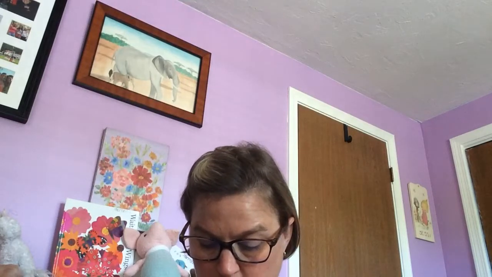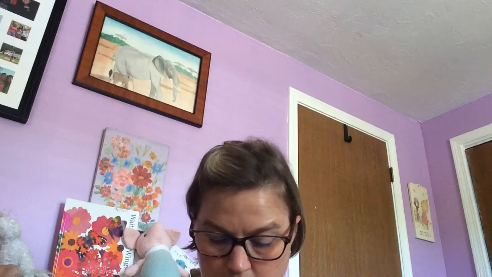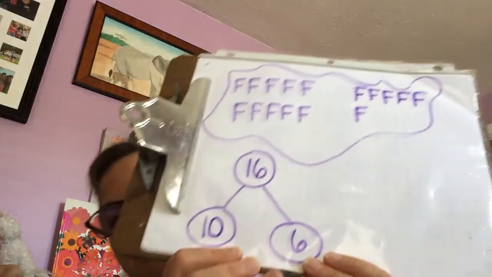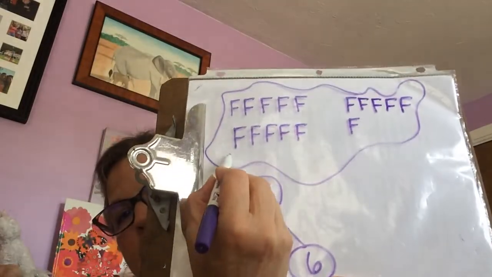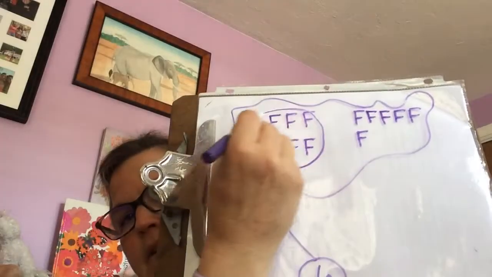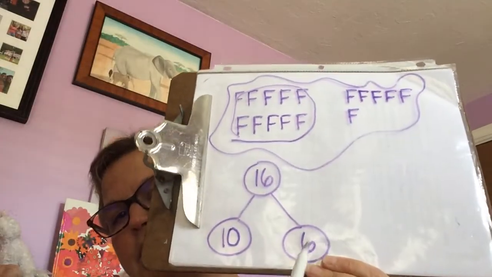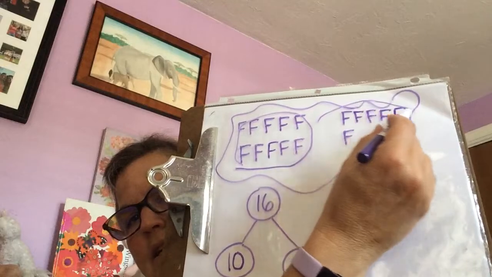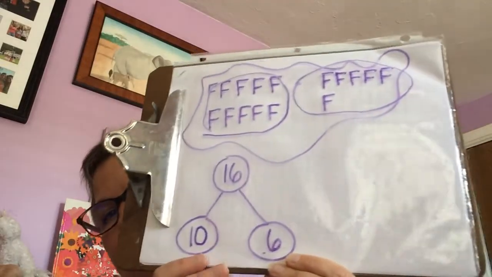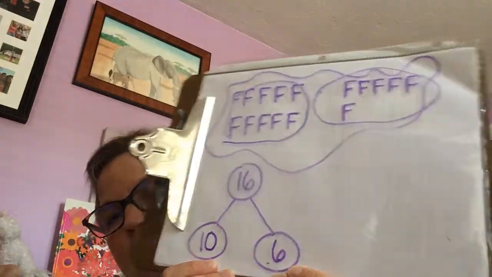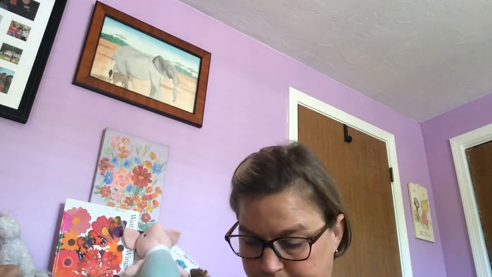Go ahead and fill in your number bond and then check it with mine. 10 is one part, that's this group of flamingos. 6 is another part, that's this group of flamingos, equals 16 all together. Nice job. Good work. And if you want to stretch your brain and you want to write that in a number sentence, go for it.